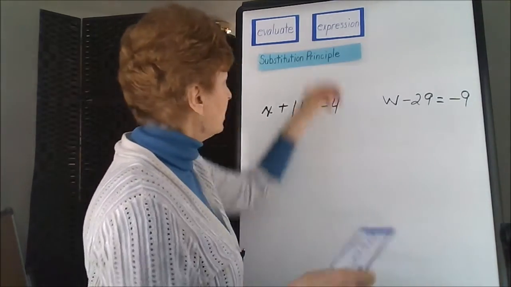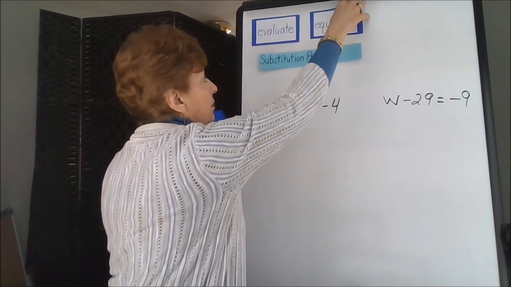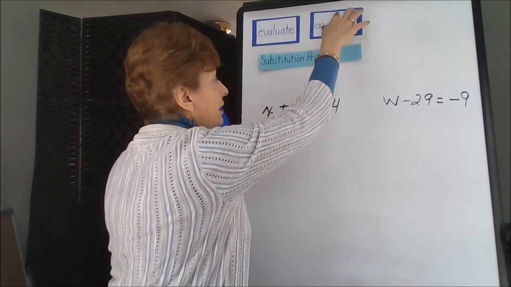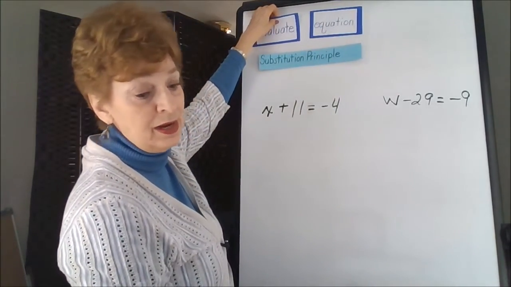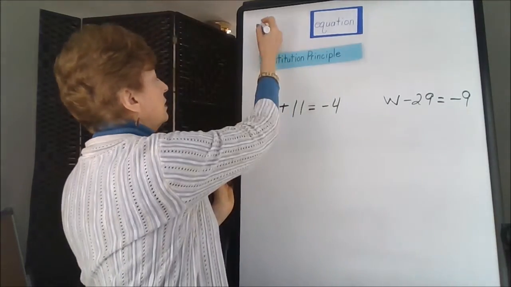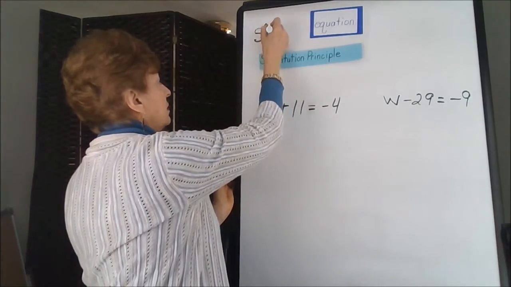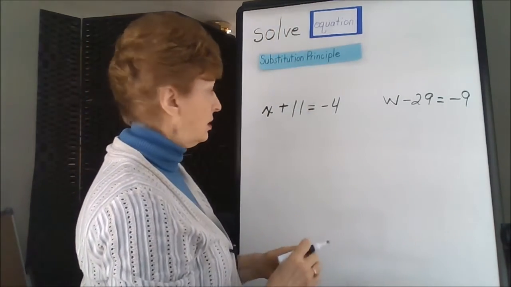So the equation, I'm going to change the expression here because we are now going to be working with equations. And we don't evaluate an equation, we usually solve it. We're solving the equation.